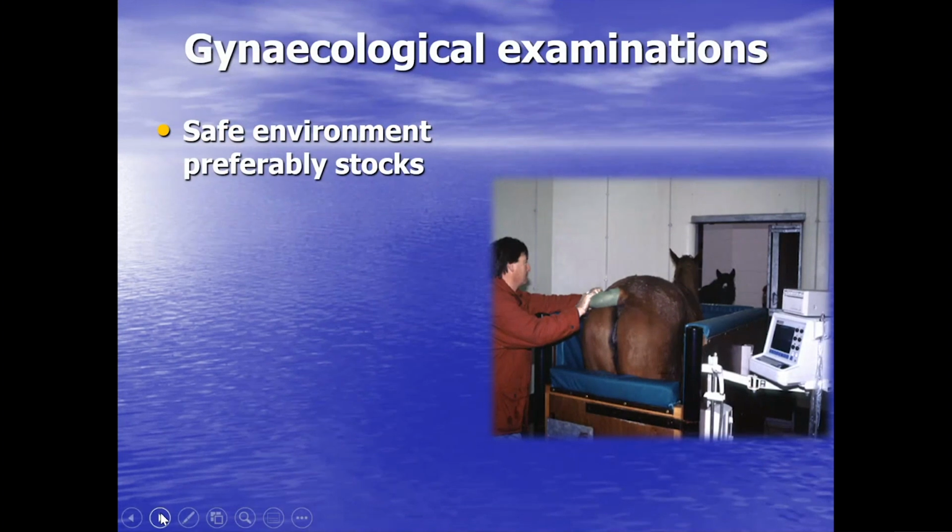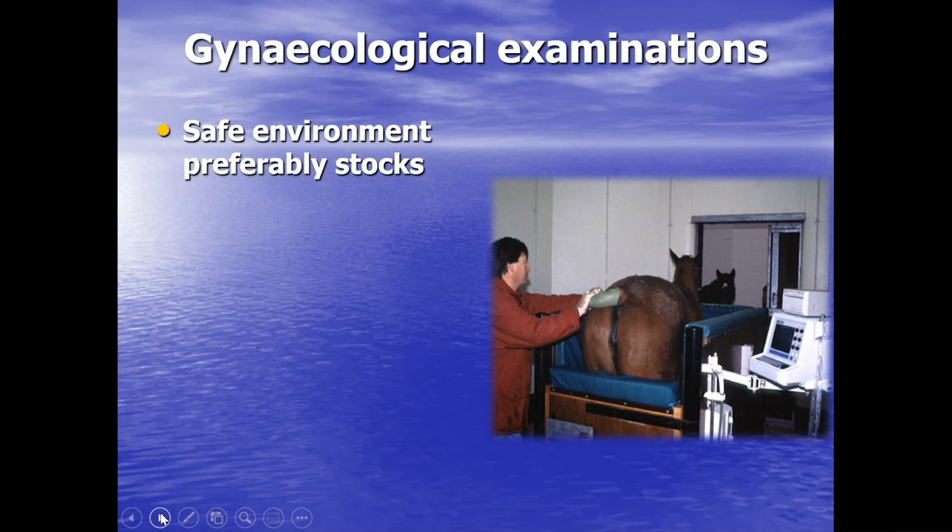Just as a refresher, although we're talking about ultrasound, prior to our ultrasound examination of the mare, we're going to have conducted a manual palpation, a gynecological examination. We may have done a speculum exam as well. They're really important, but we're not going to talk about them in great detail today, because today we're talking specifically about the use of ultrasonography to help us predict ovulation.